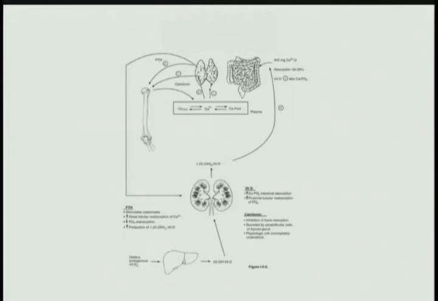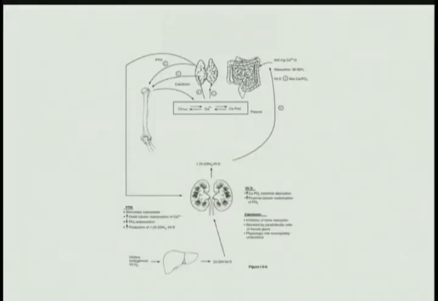So really, parathyroid hormone increases calcium in the serum many ways, either by activation of osteoclasts or by affecting the kidney. And what it does to the phosphate is it decreases phosphate in the serum, basically by blocking reabsorption of phosphate through the kidney.